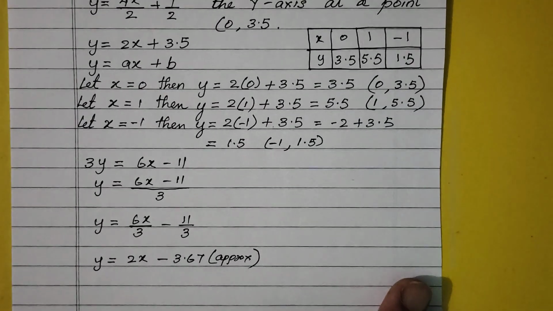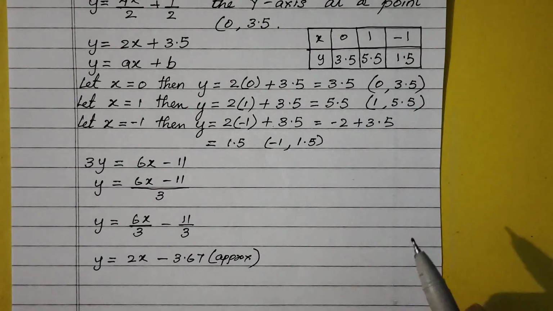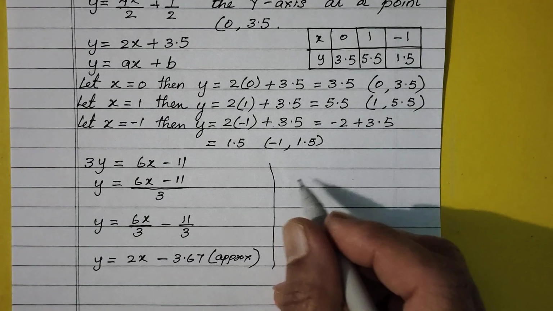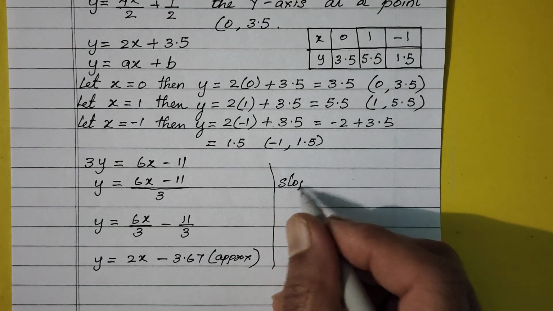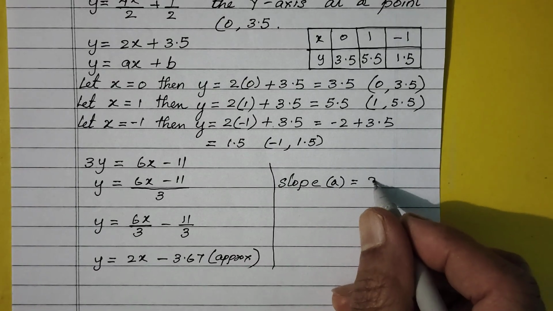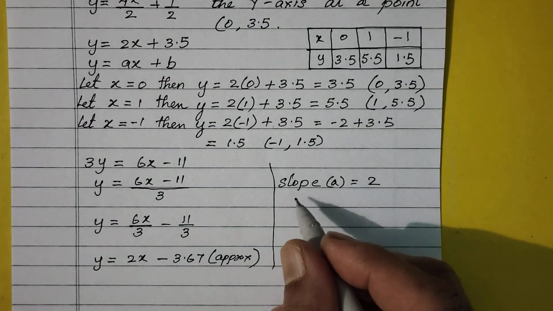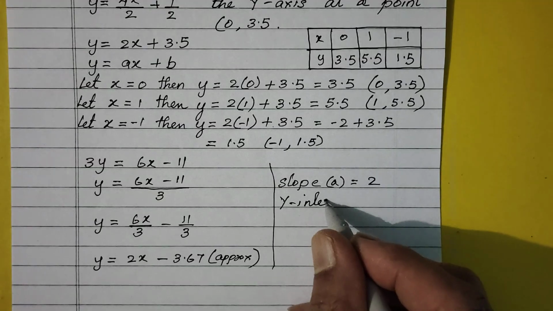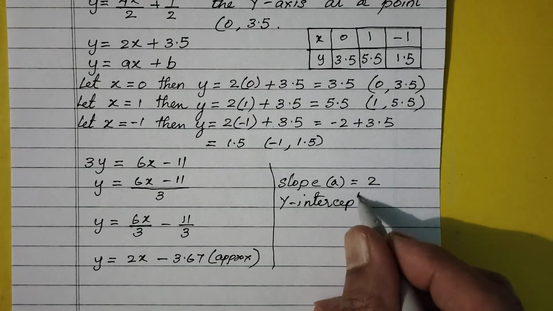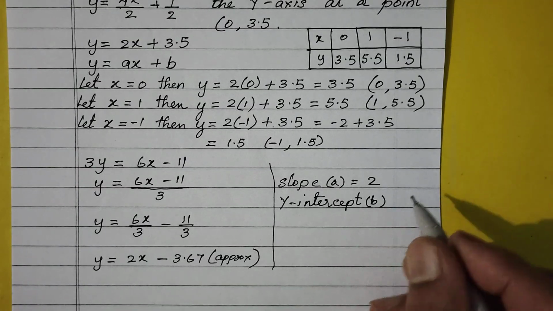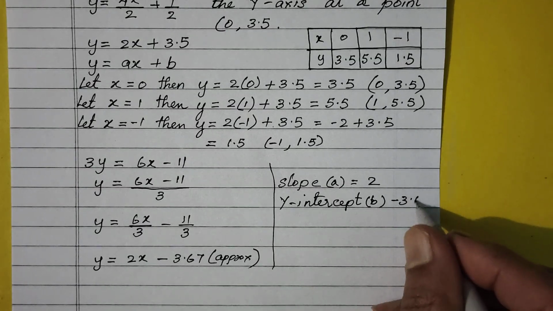So now the slope a equal to 2, because the value of a is 2. Y-intercept, that is b, is equal to minus 3.67.